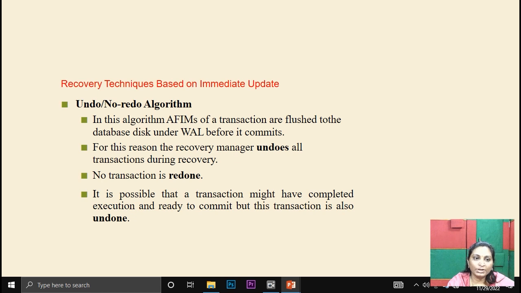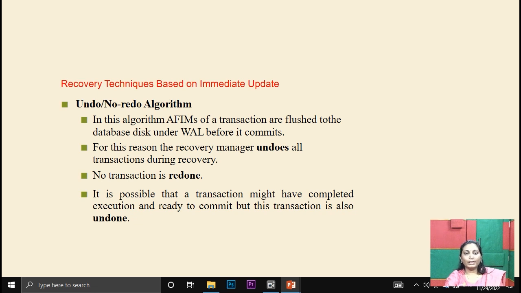Recovery techniques based on immediate update. Undo/no-redo algorithm. In this algorithm, after images of the transactions are written to the database disk under the write-ahead log before it commits. For this reason, the recovery manager undoes all the transactions during recovery. In this algorithm, no redo will take place.